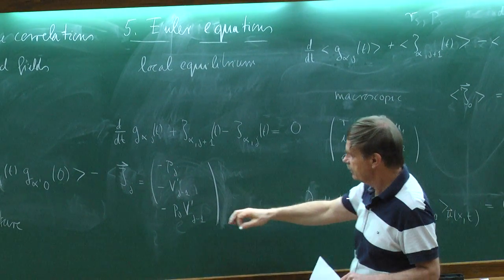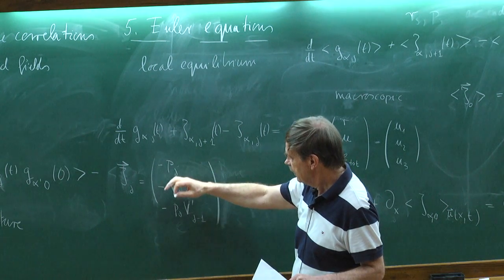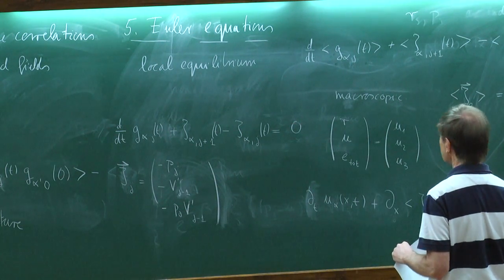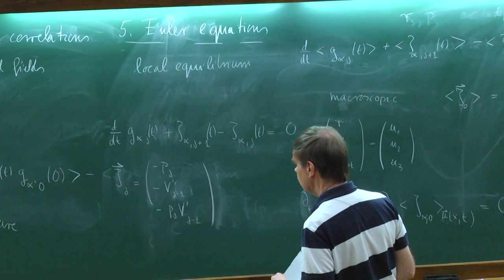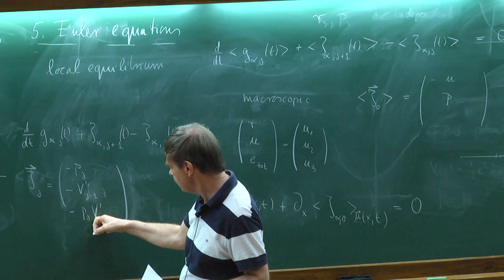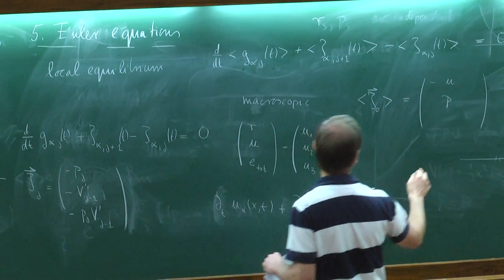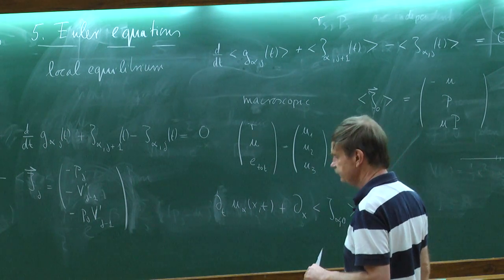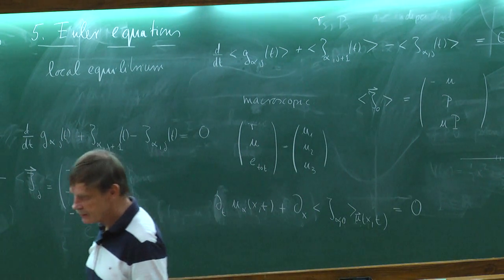And this one is just the product of them. Something is wrong here, do I do this correctly? No, okay, so this one is the pressure and then it's times u. So here I have u times p.